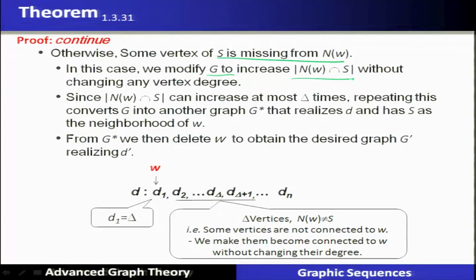Repeating this converts G into another graph G star that realizes D and has S as the neighborhood of W. So if the maximum degree vertex does not have its neighborhood N(W) equal to S, then we have to do a two switch operation.